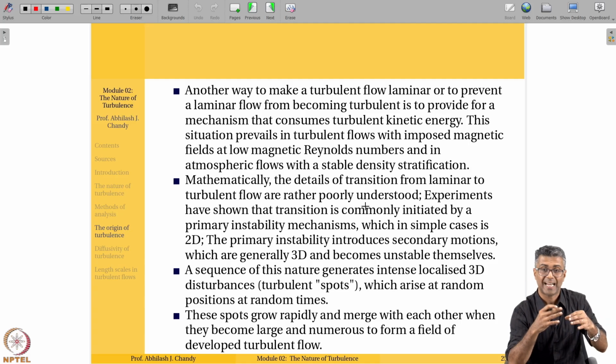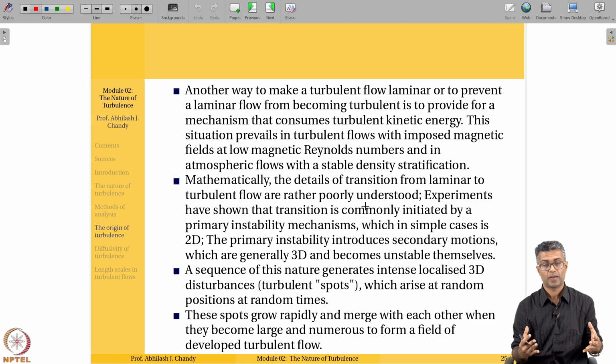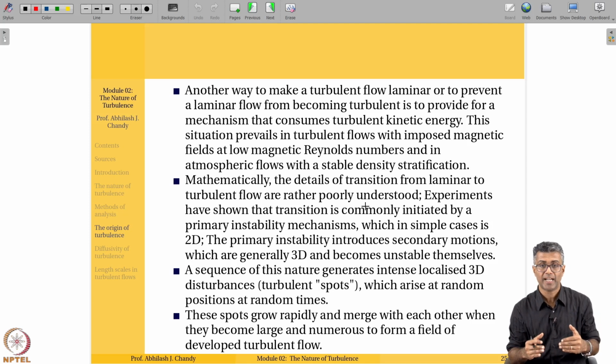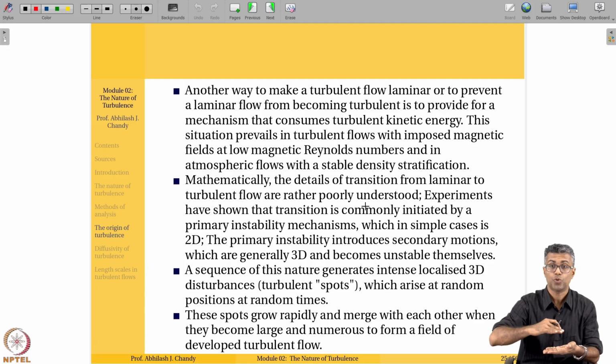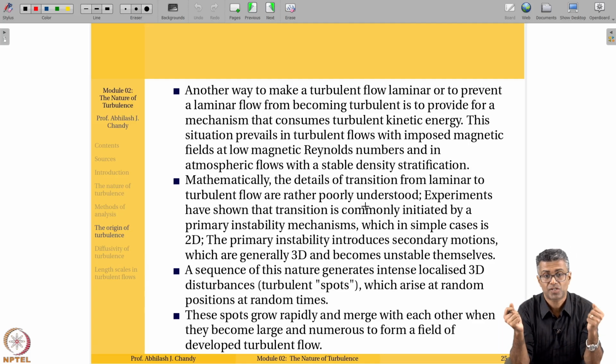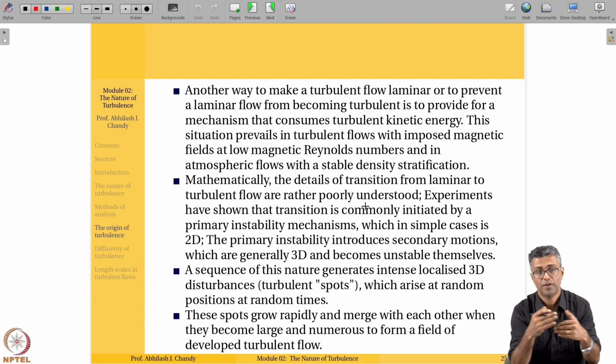Impose a magnetic field, and that will sort of stretch the flow and re-laminarize the flow. Another way to do it is through stratification, through a stable density stratification. So stratification means change in density. You have a density gradient. That's what stratification is. In atmospheric flows, you have a stratification that can relaminarize a flow, that can reduce the turbulence by stretching the flow in one direction.